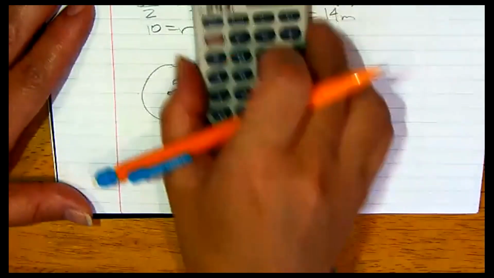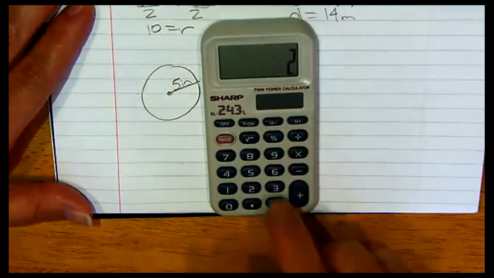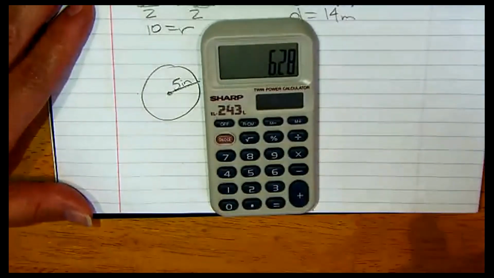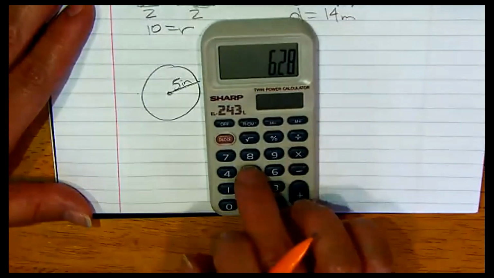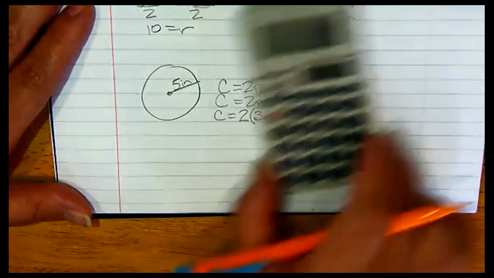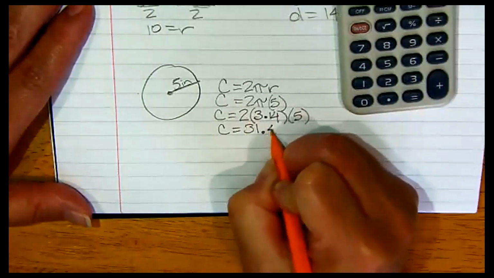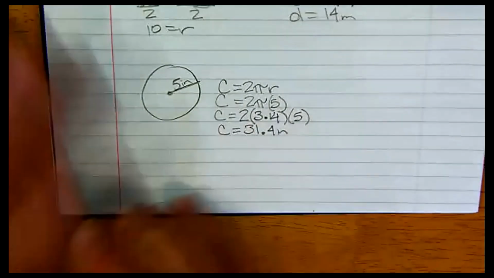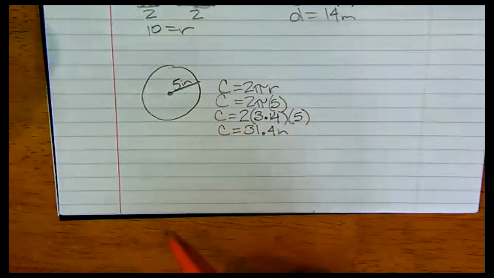And I'm going to use a calculator for that. 2 times 3.14 is equal to 6.28, times 5 equals 31.4. So the circumference is equal to 31.4 inches. Okay, so here it's just a matter of substitution. The circumference, pi, and radius.